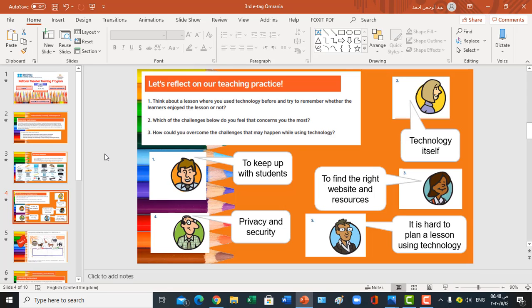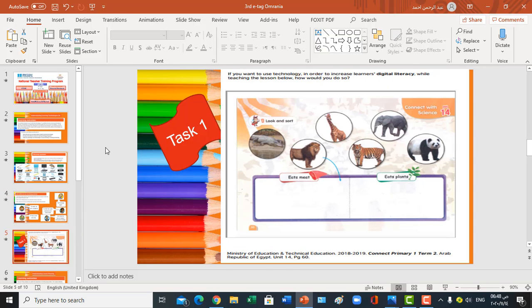Now we have finished this part of reflection, and we listened to your precious participation. Here is the task which I asked you to answer on Google Classroom. I have already uploaded a file containing two tasks for you. Download them, answer them, and re-upload them to be submitted before the end of this month, before the 30th of November 2020.